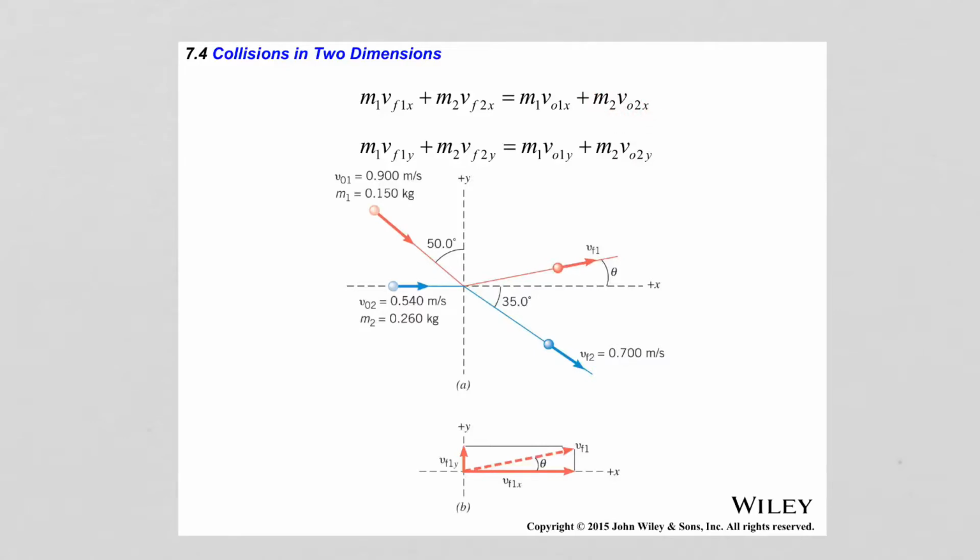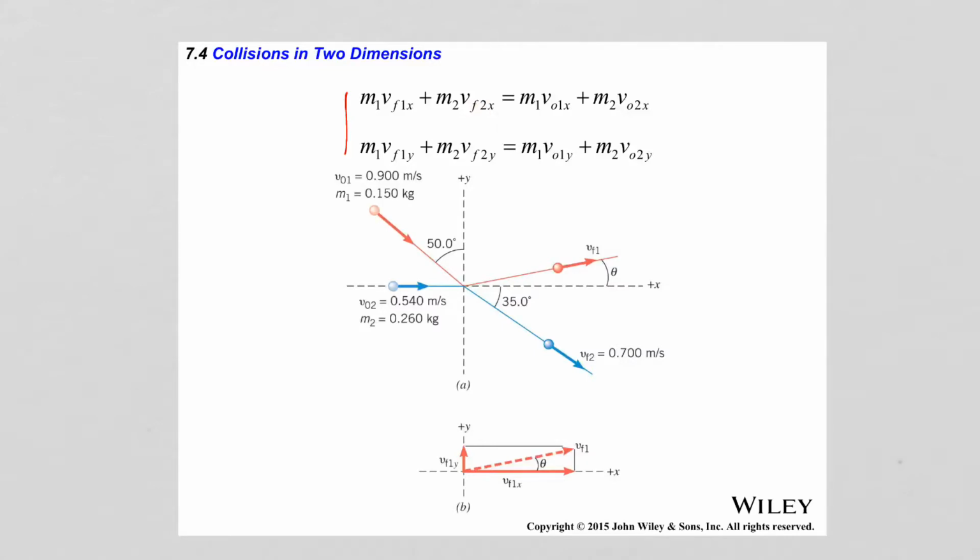And similarly, we have the final momentum of the system of both spheres in y direction, and that's equal to the initial momentum of the system of two spheres in y direction. So we have two equations here that can find us two unknowns.